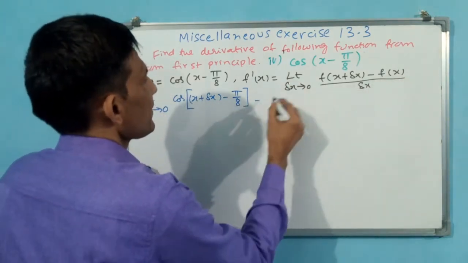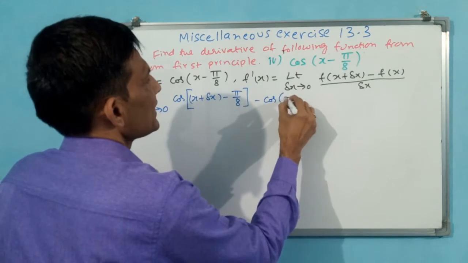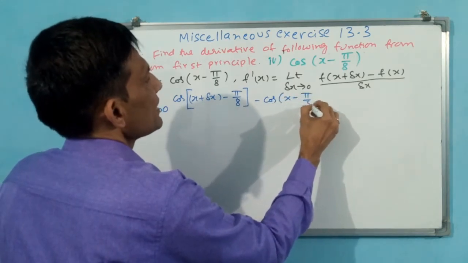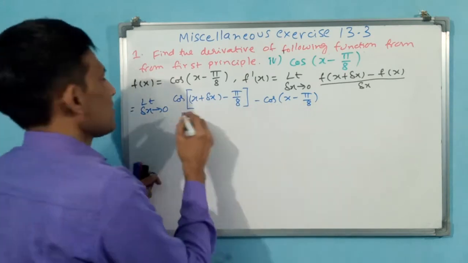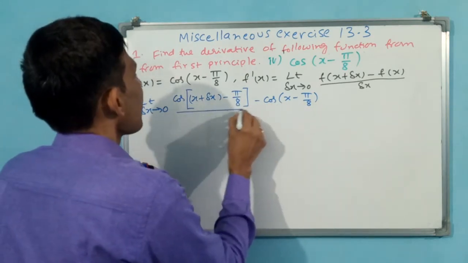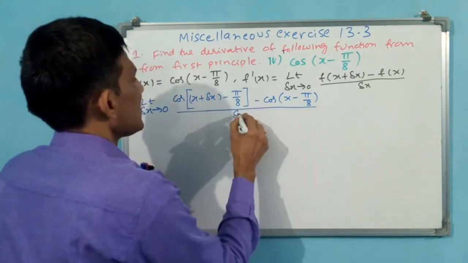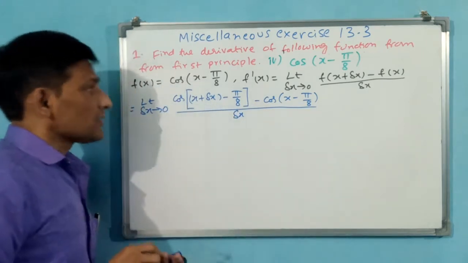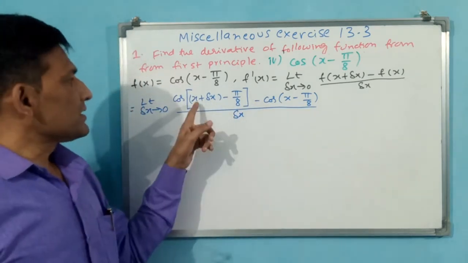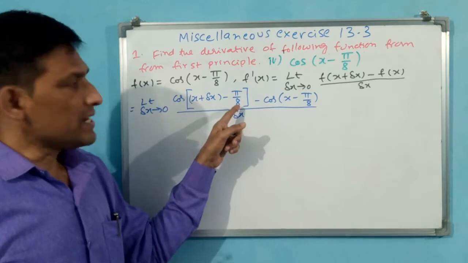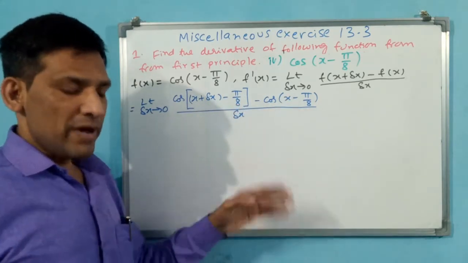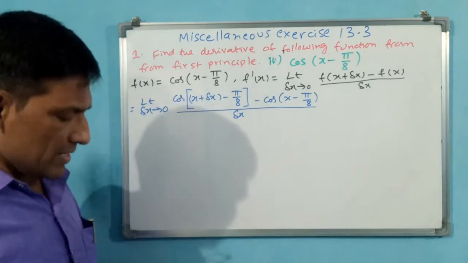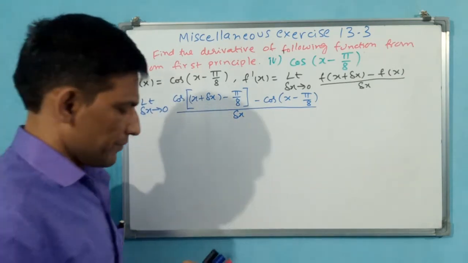Minus f of x; f of x means same function you have to repeat again, x minus pi by 8. Whole divided by delta x. Here also again, you consider x plus delta x minus pi by 8 as c, this as d. Cos c minus cos d. That formula I am writing here, you see what I am writing.